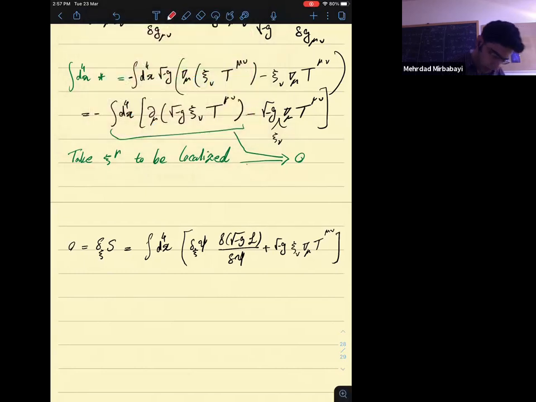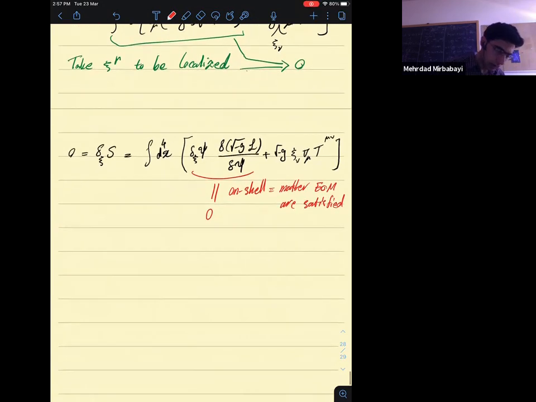So this term is equal to 0 on shell. Well, on shell means matter equations of motion are satisfied.